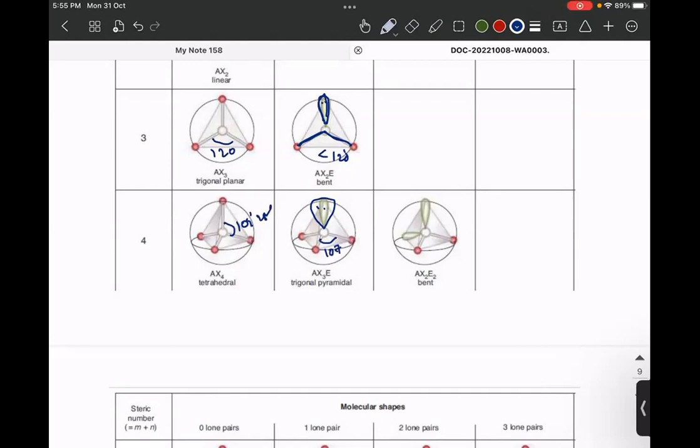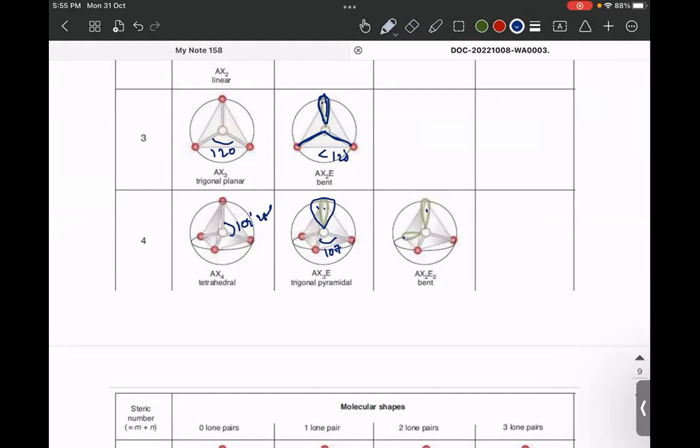Why does the bond angle get decreased? Due to the presence of a lone pair on the atom. The lone pair will not be present between the atoms, it will be present on the atom. That you should remember. Suppose you have 2 lone pairs, they occupy two corners of your tetrahedron, this one and this one. So immediately what will happen?